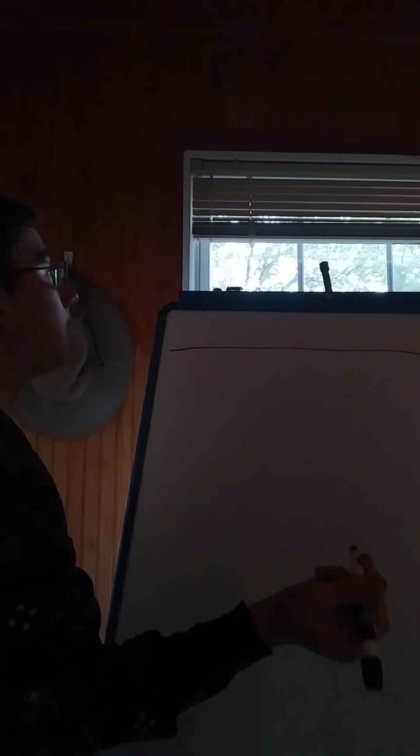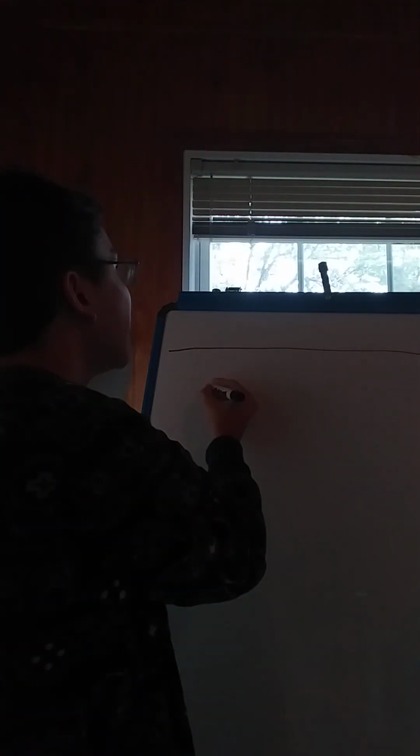This is just a line. You don't know where it starts, where it begins. It's just infinite. It just goes on and on and on this way, on and on that way. You don't know when it's going to stop. That is kind of a difference when you have this figure.